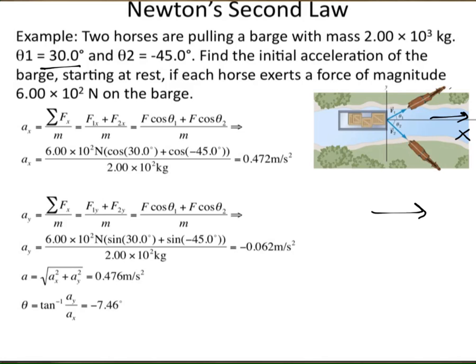And the forces are given as 600 newtons. You just multiply these forces by cosine 30 degrees and cosine minus 45 degrees. But cosine of a minus angle is cosine of the same angle with the plus, right? Minus or plus doesn't make any difference. The result will be plus. And if you do this multiplication calculation, you will find the x component as 0.472 meter per second square.